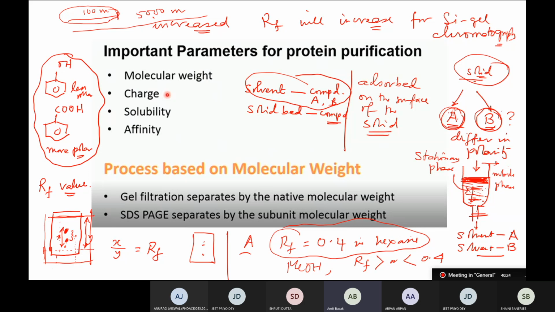Usually in a 5,000-meter race, you will not see that. You will see that one fellow has come first, and then after a few seconds another fellow comes second, then after another few seconds the third fellow comes. That means there is a gap in time between A, B, and C, if these are the participants.